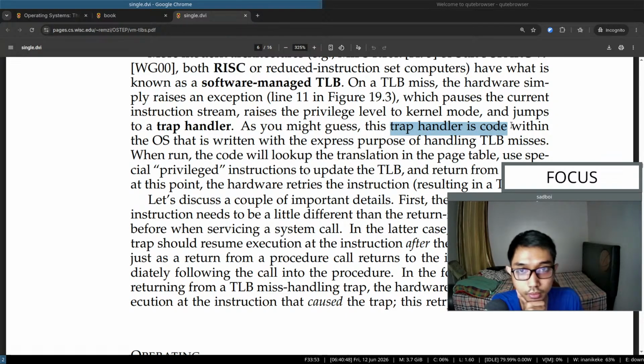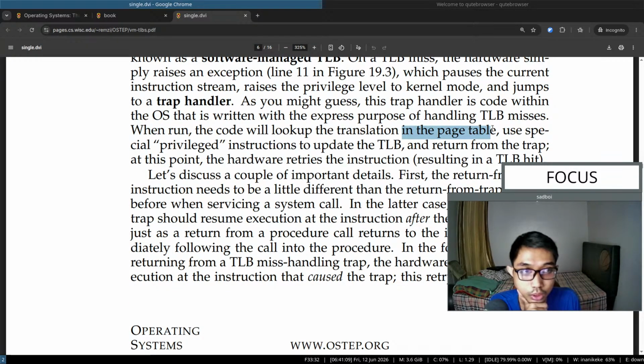When run, the code will look up the translation in the page table, use a special privileged instruction to update the translation look-aside buffer, and return from the trap.